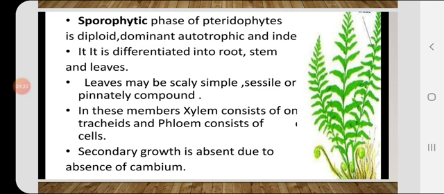In these members, xylem consists of only tracheids and phloem consists of only sieve cells. Secondary growth is absent due to the absence of cambium. Cambium is absent, so secondary growth will not be seen in pteridophytes.